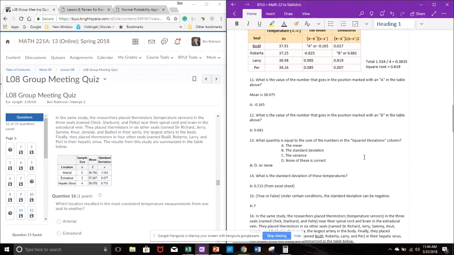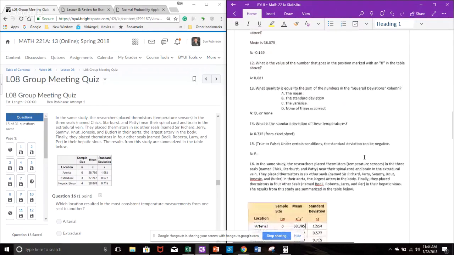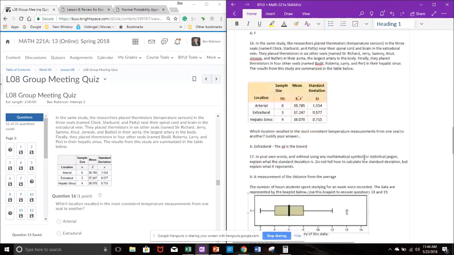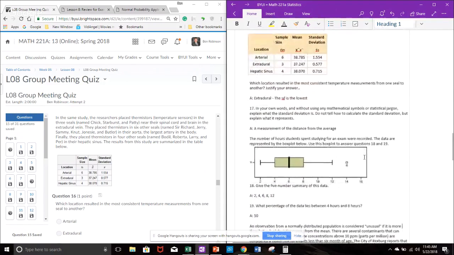Okay, and the following, they gave us some information. I will read it. In the same study, the researchers placed thermistors, temperature sensors, in three seals, named Cheeks, Starboard, and Patty, near their spinal cord and brain in the extradural vein.